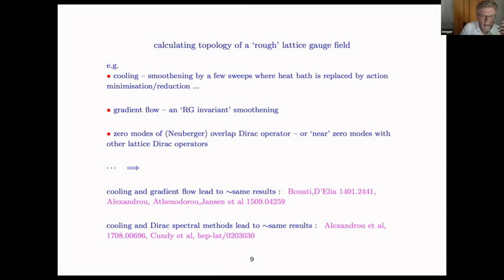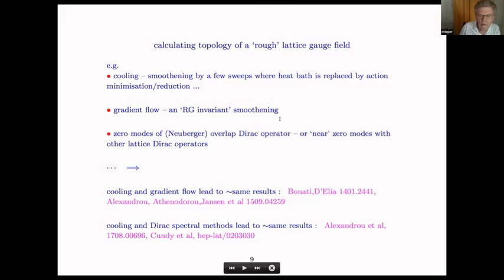An alternative, more recent method is gradient flow, which is smoothing as well. It acts like a smoothing procedure. It starts out in the continuum, and as Martin showed, it's essentially renormalization group invariant. So instead of the number of smoothing sweeps, it's really a time that you're evolving an equation with, a fake time variation of course, but that has an invariant meaning, which is quite nice.